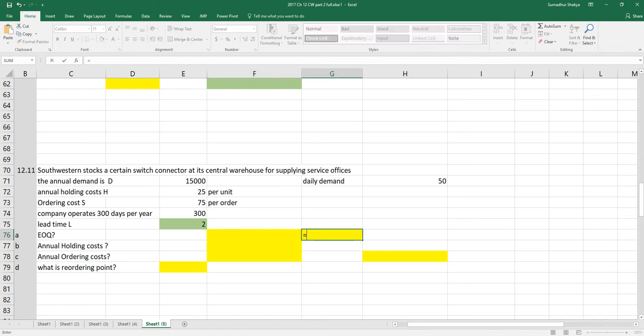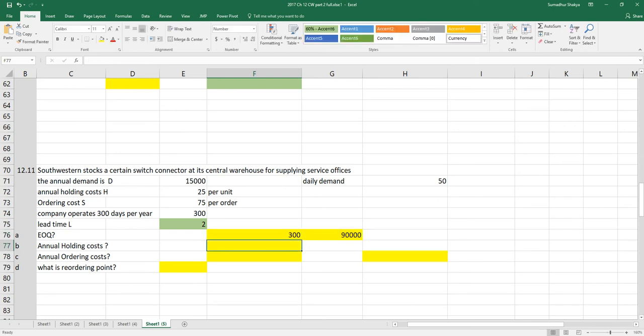Equals 2 times the annual demand times the setup cost divided by the holding cost, and then the square root of this, raised to power 0.5. So we should be placing 300 units in a single order.